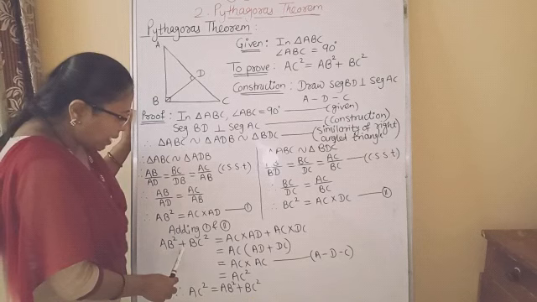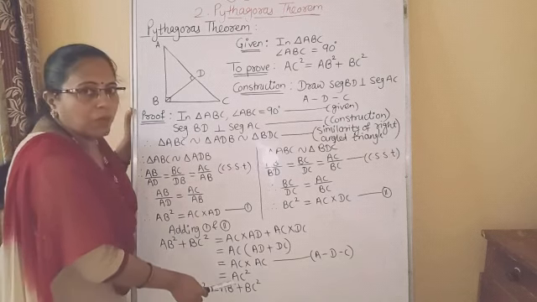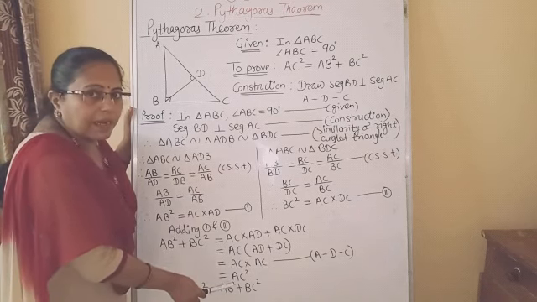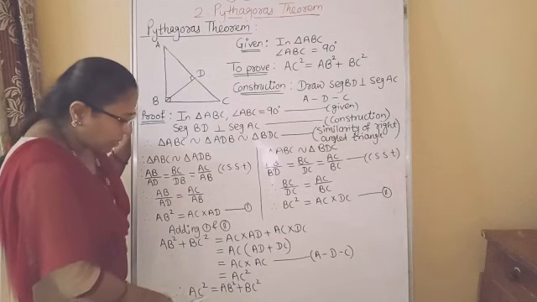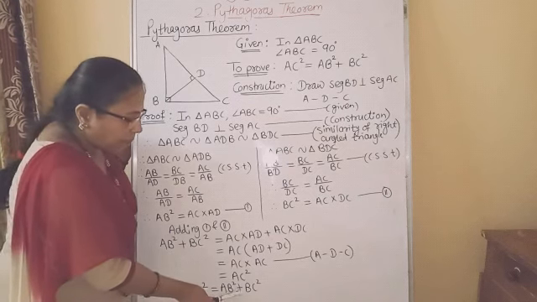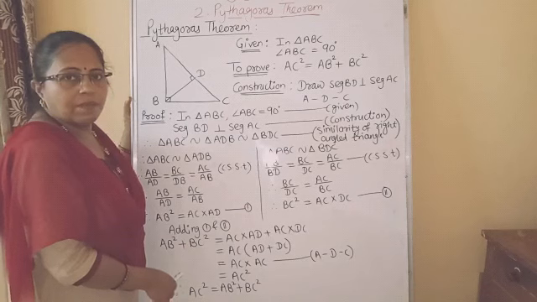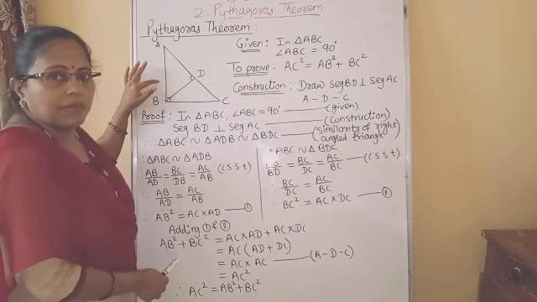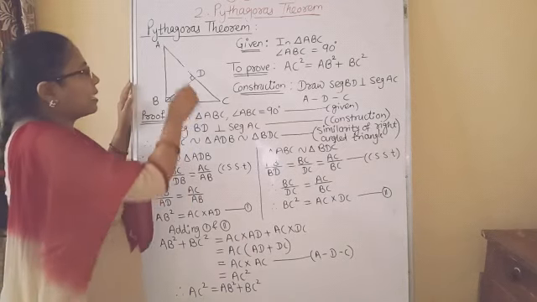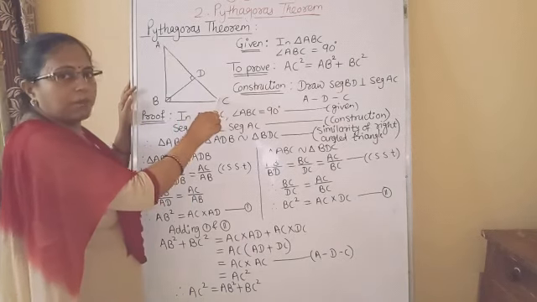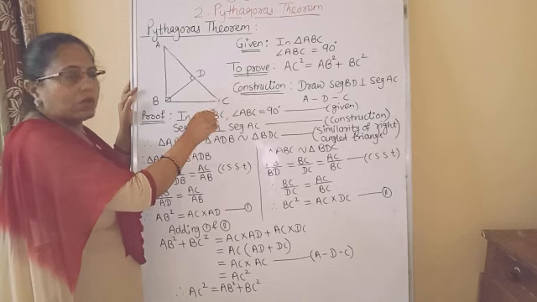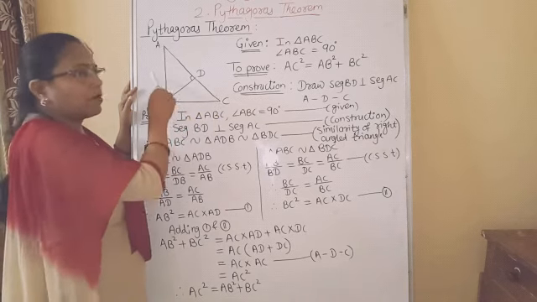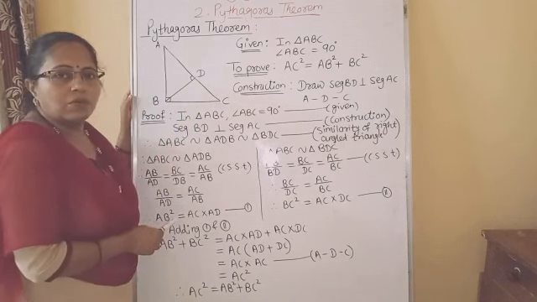So AB square plus BC square equal to AC square, that means AC square is equal to AB square plus BC square. This way we proved Pythagoras theorem, that in a right angle triangle, square of hypotenuse is equal to the sum of square of length of remaining two sides.